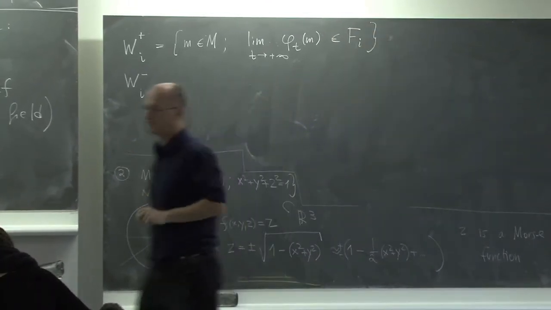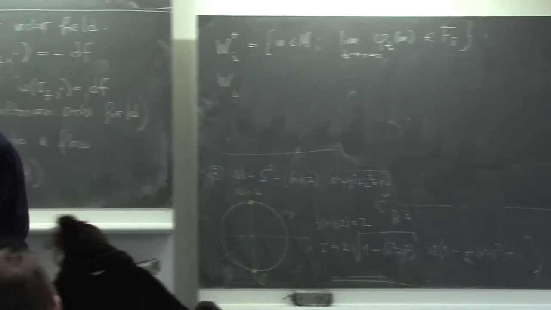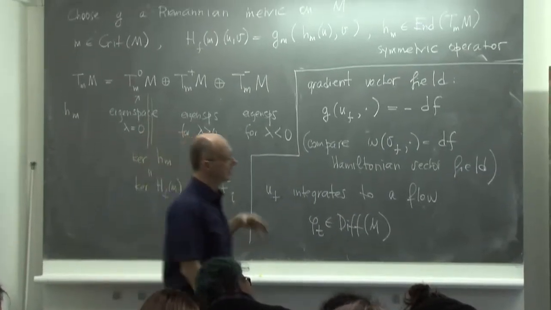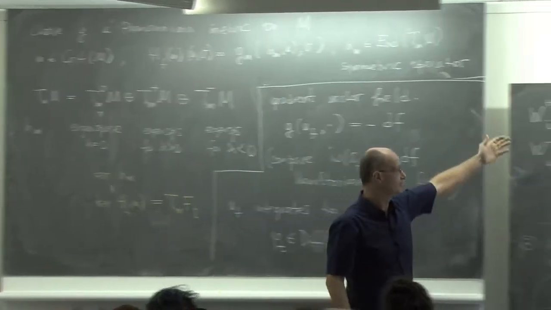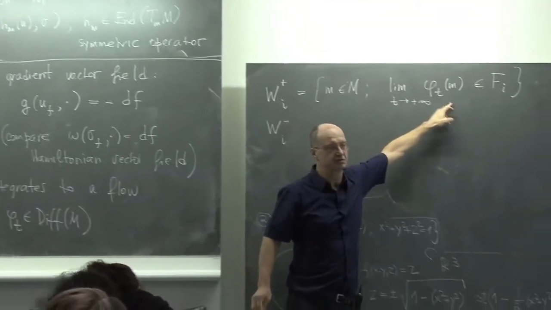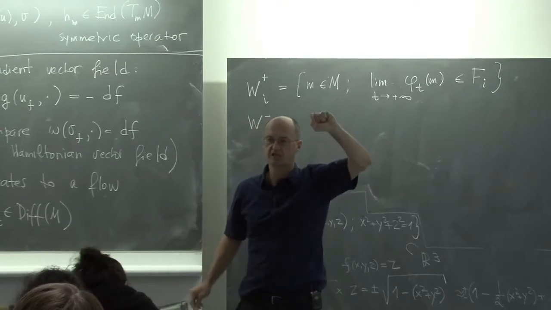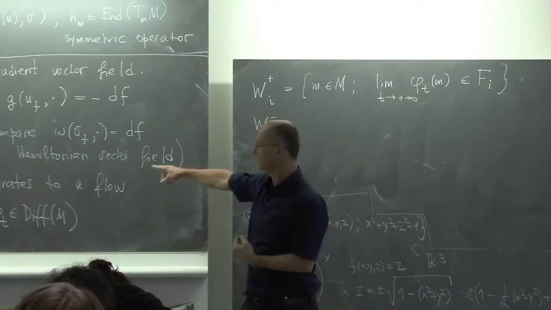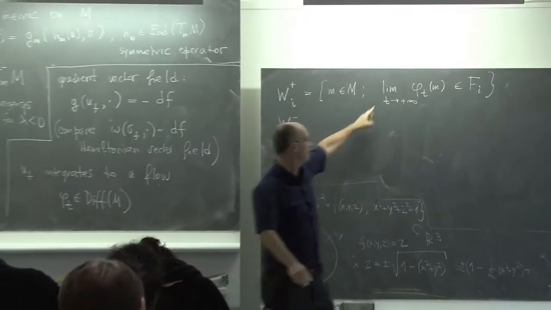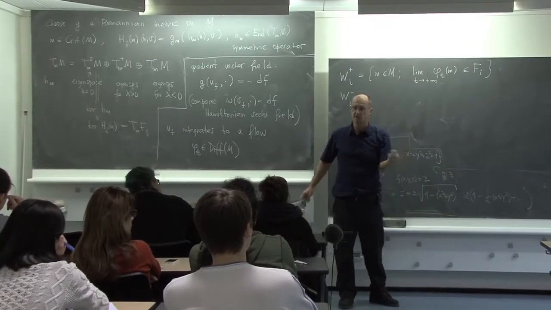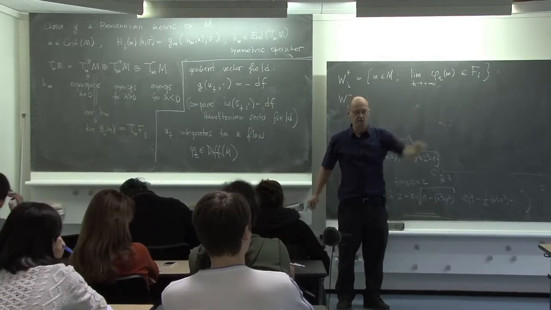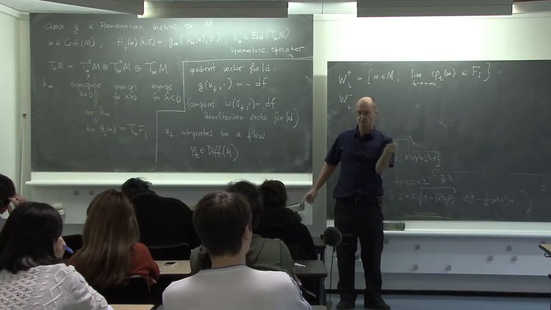belongs to Fi. So you see here already, of course, my hand waving starts a little bit, because in principle you need to show, right? So we take a point, we take a trajectory under the gradient flow. Here I am already assuming that it converges somewhere, and it converges to some critical point.